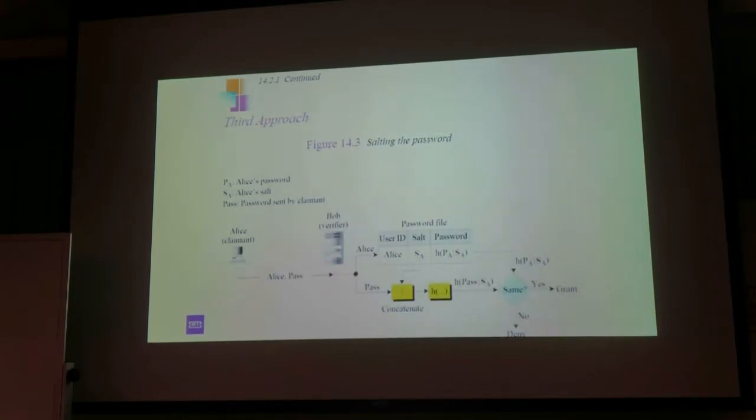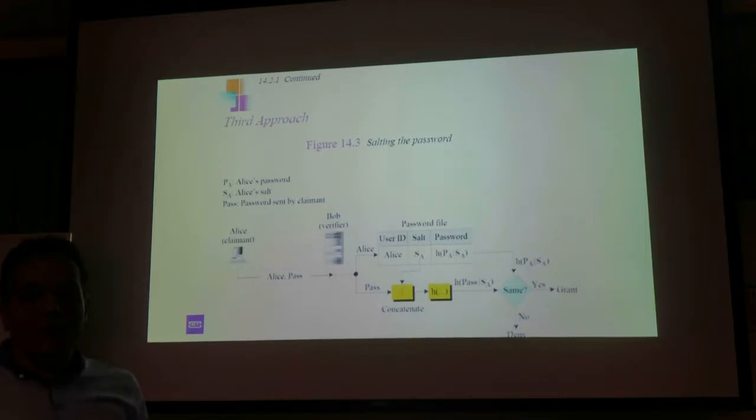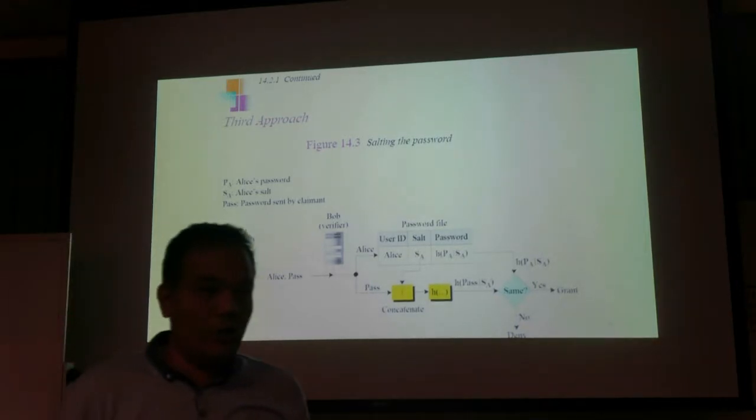Even better, okay, what's the problem with the hashed values? Usually the hash functions we use are supposed to be one-way hash functions, all right? But usually they give you a digest, it's small and all of that. So there is a problem, this is prone to what? Dictionary attack.